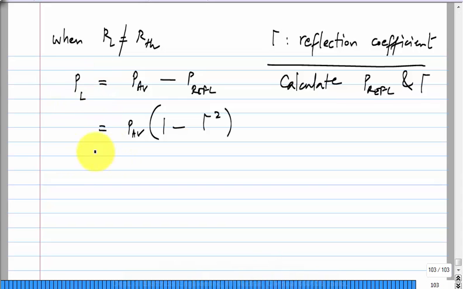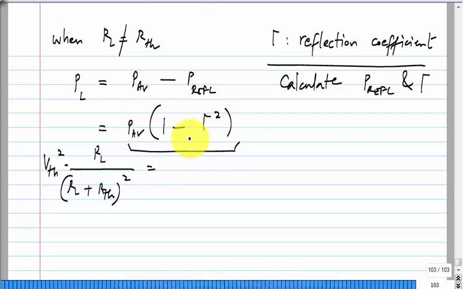So, PL is VTH square times RL by RL plus RTH square, and that is equal to, I will use this form, I will not calculate the reflected power separately, but this is VTH square by 4 RTH times 1 minus gamma square.